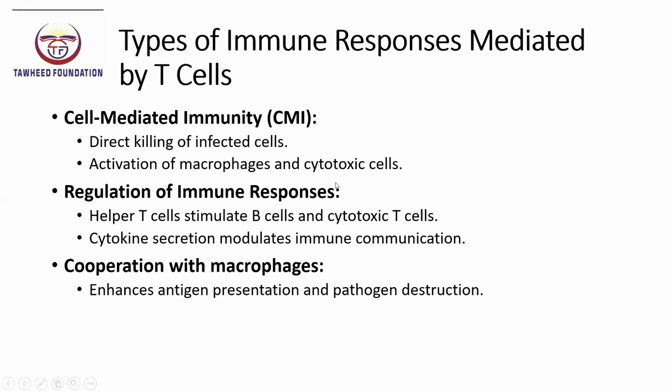They also regulate immunity through helper functions. CD4 plus T cells stimulate B cells for antibody production and enhance cytotoxic T cell activity. By secreting cytokines, T cells modulate communication between immune cells and optimize the immune response, ensuring cooperation with macrophages for effective antigen presentation and pathogen destruction.